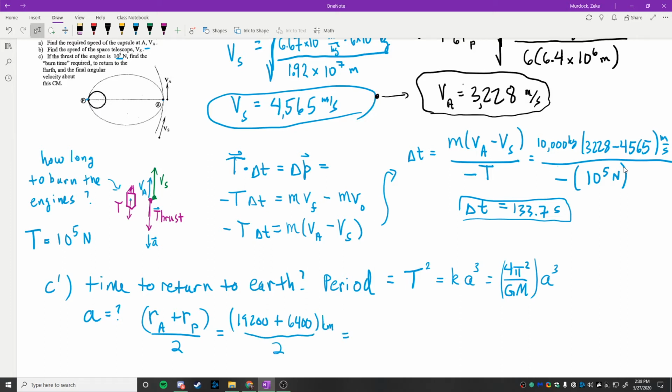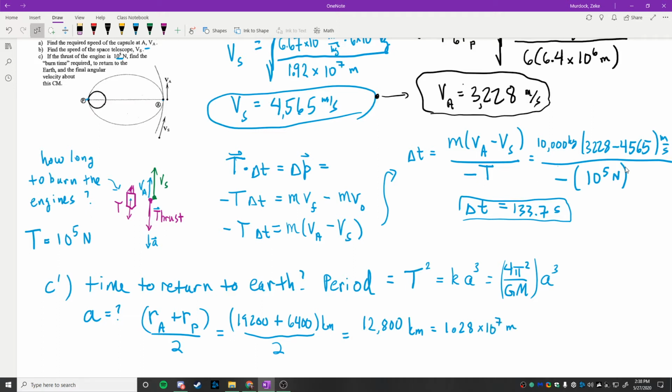I'll do this real quick on my cell phone. So that's 12,800 km, which is also equal to 1.28 times 10 to the 3, so it's going to be times 10 to the 7, probably.